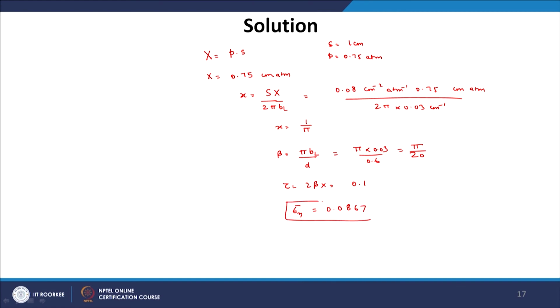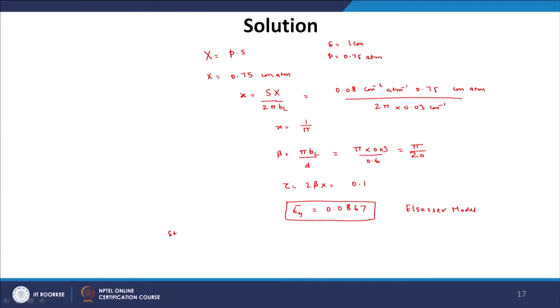This is the mean emissivity of the gas layer, the given path filled with this particular gas, using the Elsasser model. Now let us do it using the statistical model.